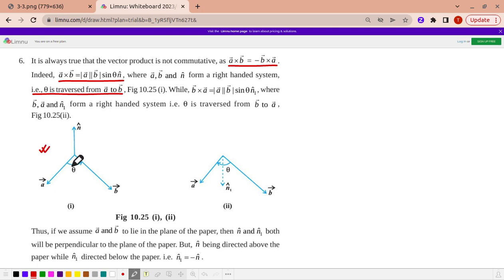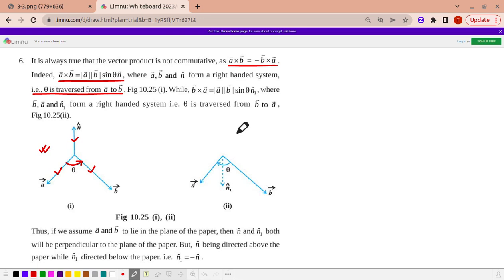You see that theta is traversed from a towards b, and we have the vector a, the vector b, and the vector n cap, so it forms a right-handed system. We discussed the right-handed system in the very beginning of this session. Now, let us take b cross a. So b cross a will be mod b into mod a, that means mod a into mod b into sin theta into n1 cap.